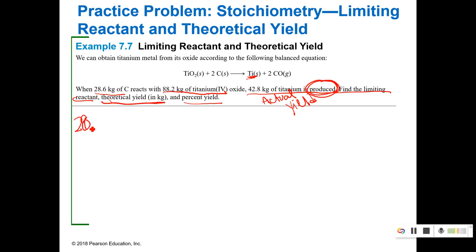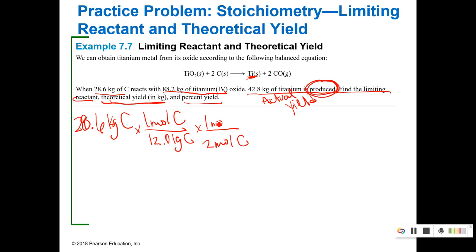So I've got 28.6 kilograms carbon. Don't forget, if it starts with kilograms, you can leave it in kilograms as long as it wants it at the end. I've got 2 moles of C to 1 mole of titanium. 1 mole of titanium is 47.88 grams.